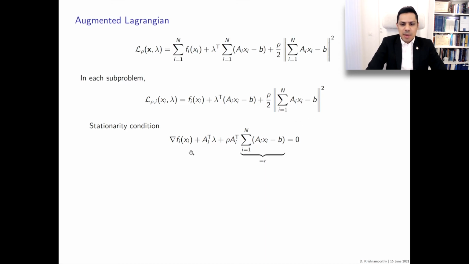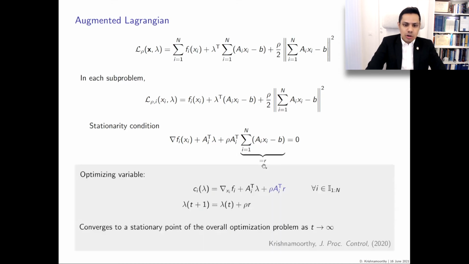This is the same as what we had before, with this additional term that represents the residual of the shared resources, which we denote by this variable R. In this case, the local optimizing control variable is given by the cost gradient plus ai times lambda, plus this additional term rho times ai times the residual of the shared resource R.